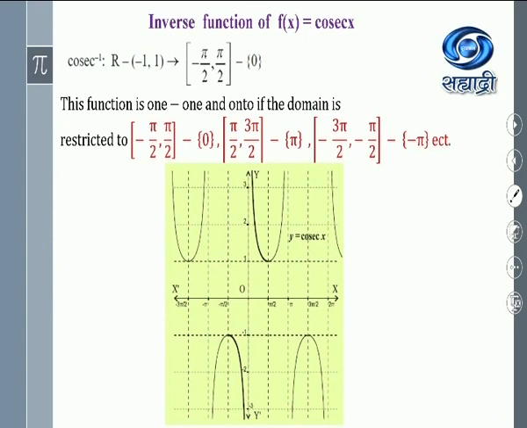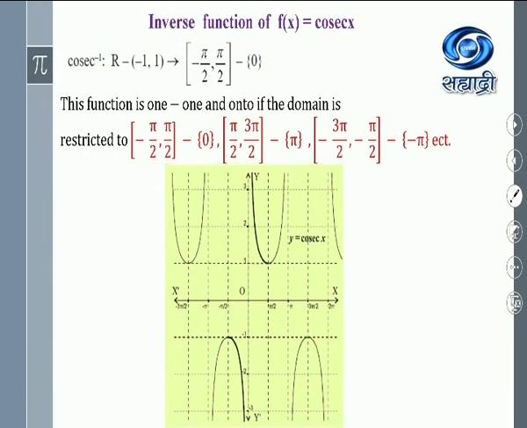Therefore, the function is one-one. But for -π, the graph never touches this line. Therefore, we exclude -π from this interval -3π/2 to -π/2. So for all these intervals, the branches are one-one and onto. Therefore, we can define the inverse of cosec for all these intervals.